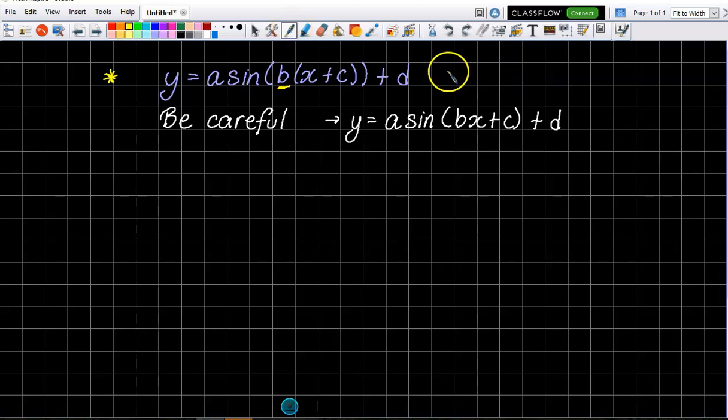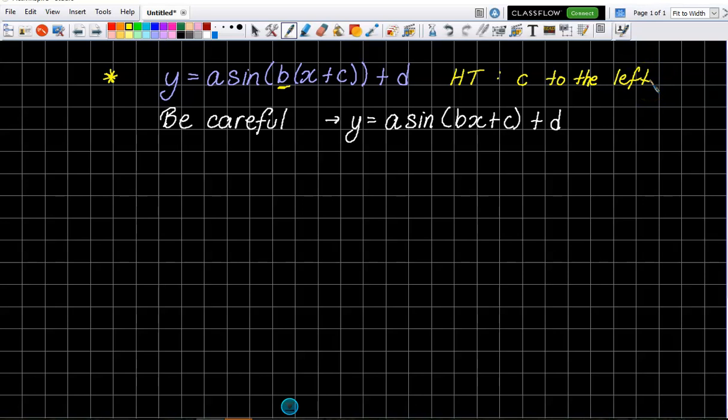So your horizontal translation for this one will be C. Would you agree? So it'll be C, and in this case, if C is positive, it will be to the left. Do we agree?